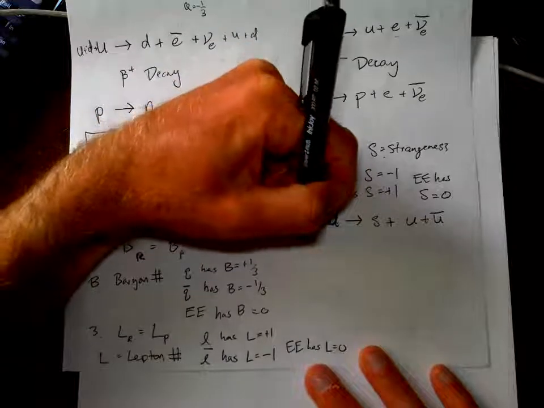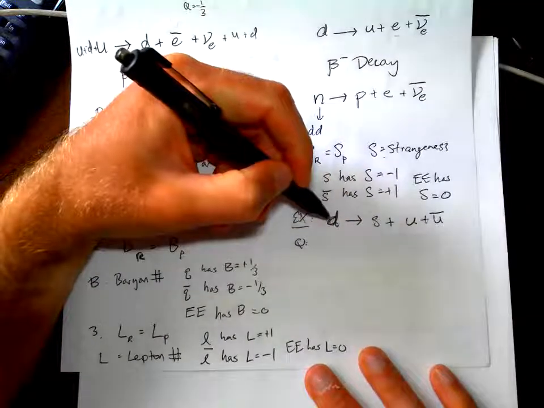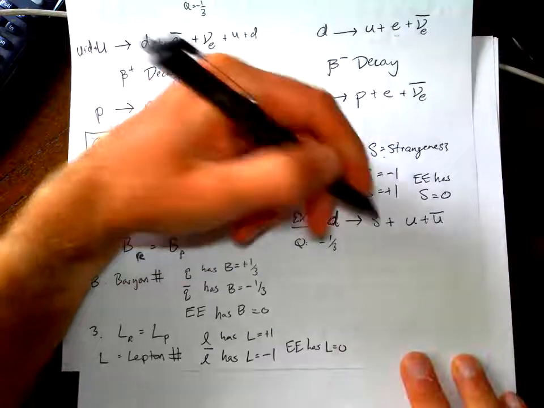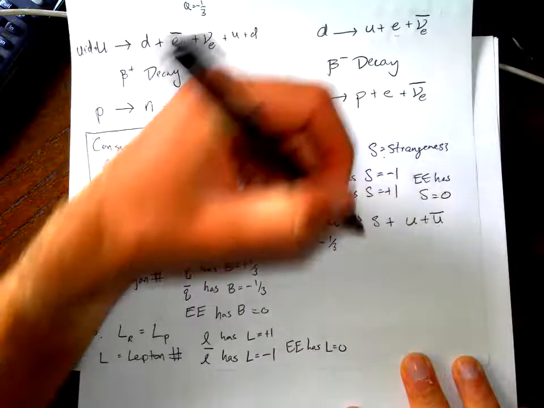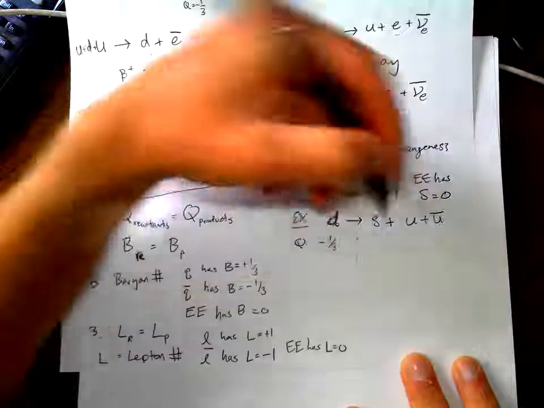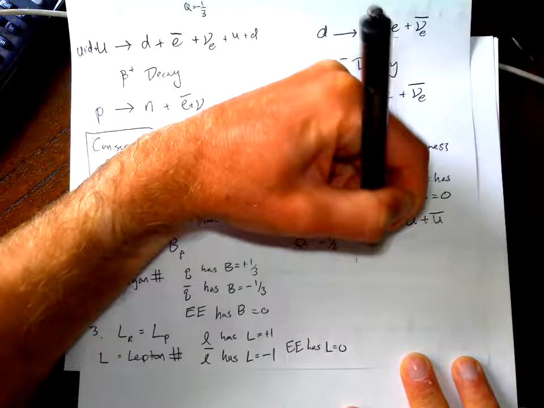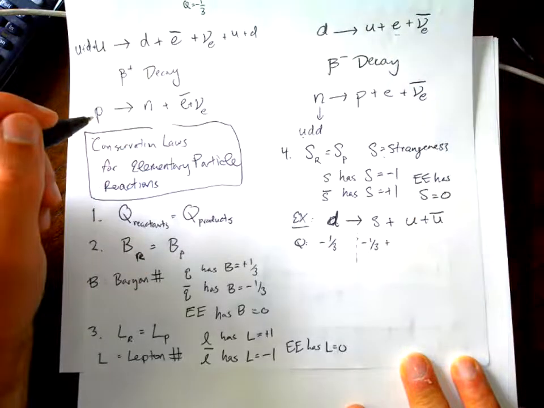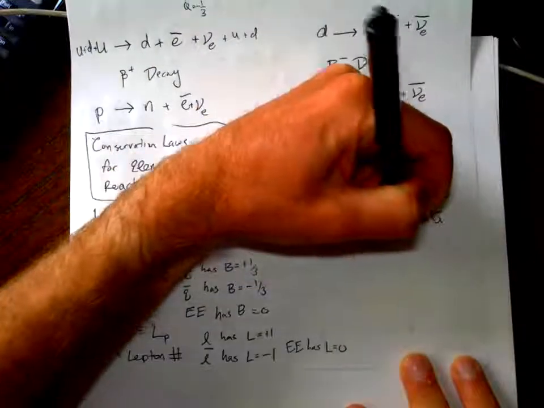If we look at the charge, what's the charge of a down quark? The charge of a down quark is -1/3. What's the charge of a strange quark? It is also -1/3. What's the charge of an up quark? It is +2/3.